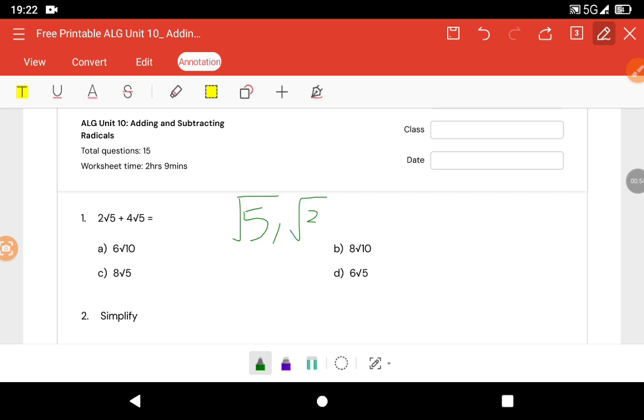Root 3 is another example of a radical. So when numbers are in square root sign, they are called radicals. So today we are going to be adding and subtracting radicals. So radicals are part of the math that we solve.